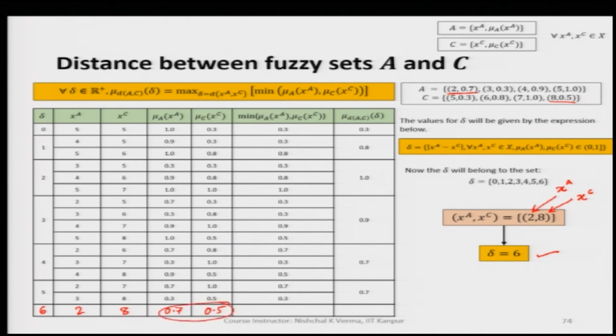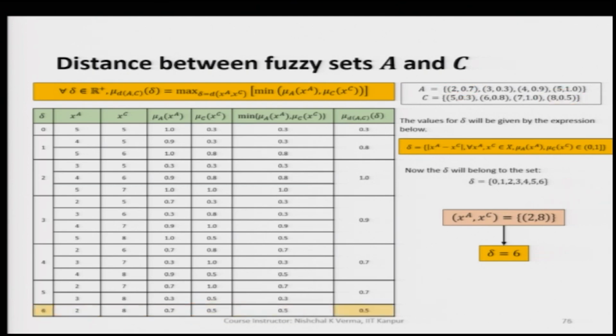When we take the min of these we get 0.5, and since we have only one row, when it comes to taking max, the max will remain the same. So, this way we got all the entries that are needed to compute the distance between two fuzzy sets.